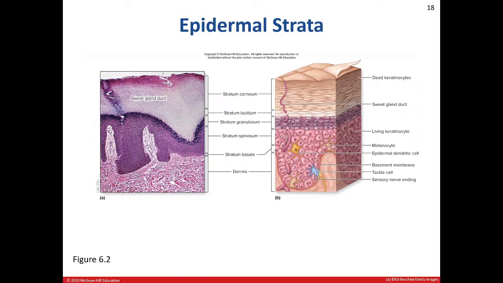All right, so again, those layers from deep to superficial, from bottom to top, are the stratum basale, spinosum, granulosum, lucidum, and corneum. Or if we go the other way, from superficial to deep, corneum, lucidum, granulosum, spinosum, basale. CLGSB.